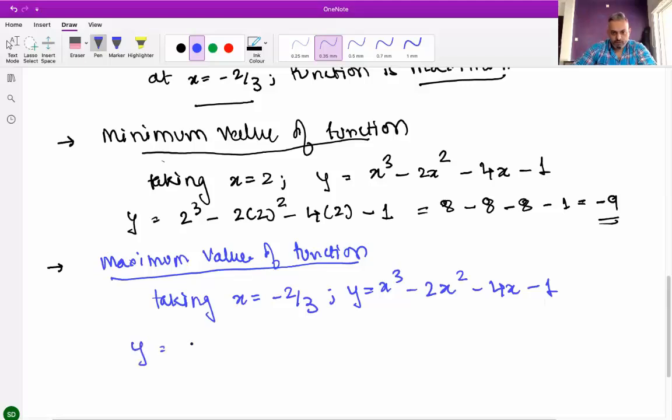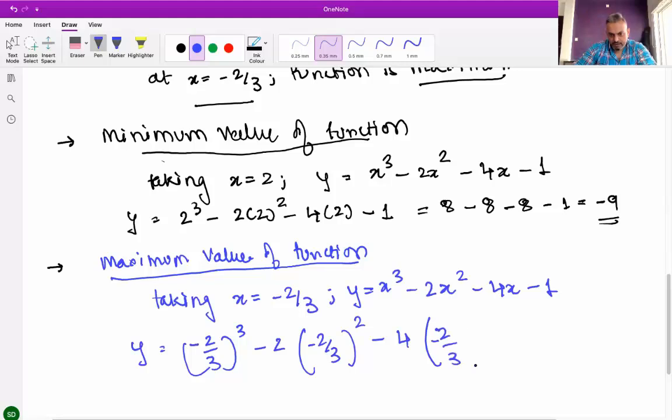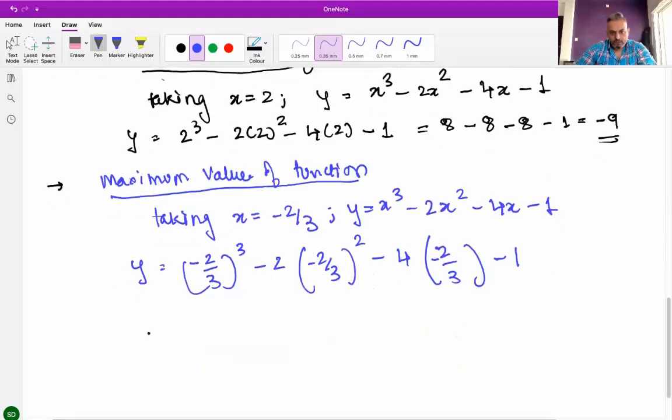So y is equal to minus 2 by 3 cube minus 2 into minus 2 by 3 square minus 4 into minus 2 by 3 minus 1, which is equal to minus 2 raised to 3 is minus 8 upon 3 cube is 27, minus, now minus 2 square is positive 4, into 2 is 8, so minus 8 upon 3 square is 9.